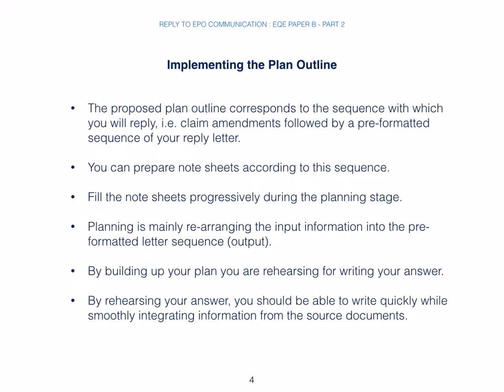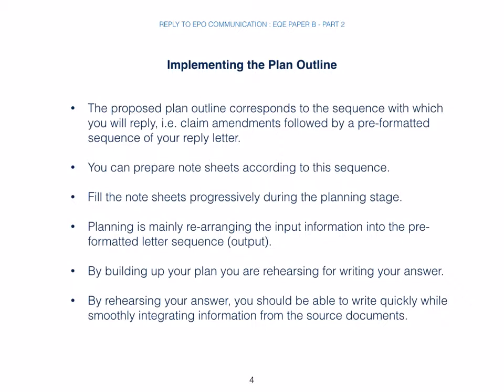Planning is mainly rearranging the input information into the pre-formatted letter sequence, which is our output. By building up your plan, you are rehearsing for writing your answer. And by rehearsing your answer, you should be able to write quickly while smoothly integrating information from the source documents.